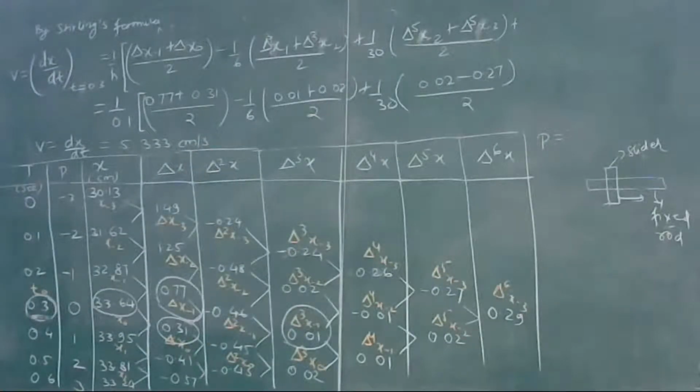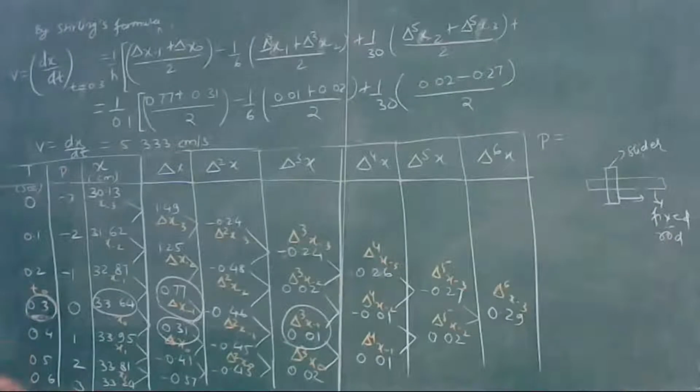So first, what you should know is how this question is given. Values of t are given as 0, 0.1, 0.2, 0.3, 0.4, 0.5 and 0.6, and corresponding values of distance are given. You have to find the value of velocity at t is equal to 0.3. So obviously it is lying in the middle of the table.